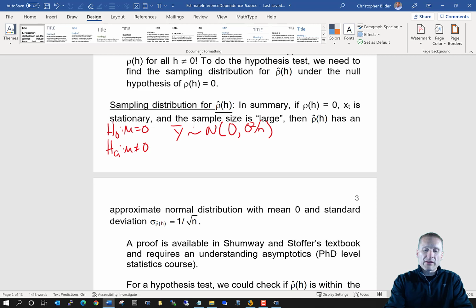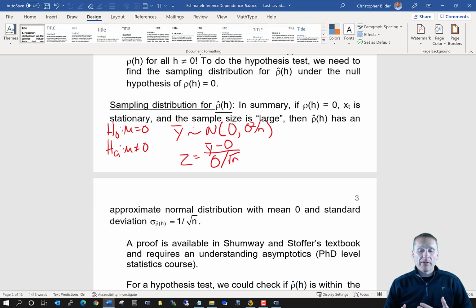One could form a test statistic such as this. Let's call it z, equal to y bar minus 0, the hypothesized value of mu, because in hypothesis testing we always assume that the null hypothesis is true to begin with, divided by sigma divided by the square root of n. Under the null hypothesis, this has an approximate standard normal distribution.